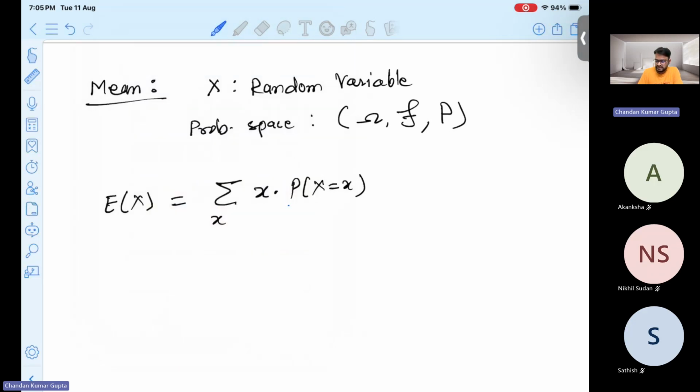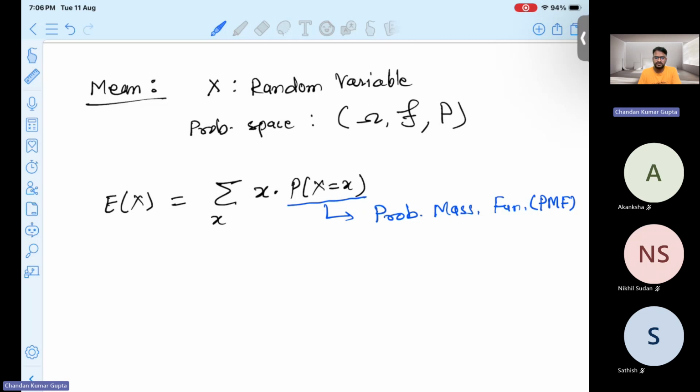Here this quantity, as you have already discussed, is the probability mass function, in short PMF.